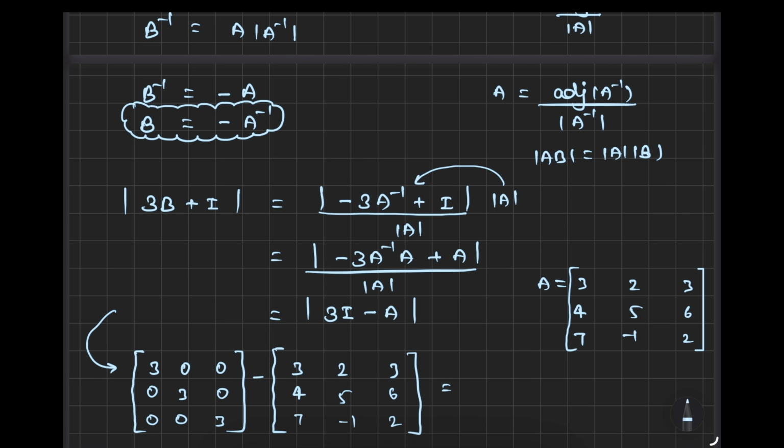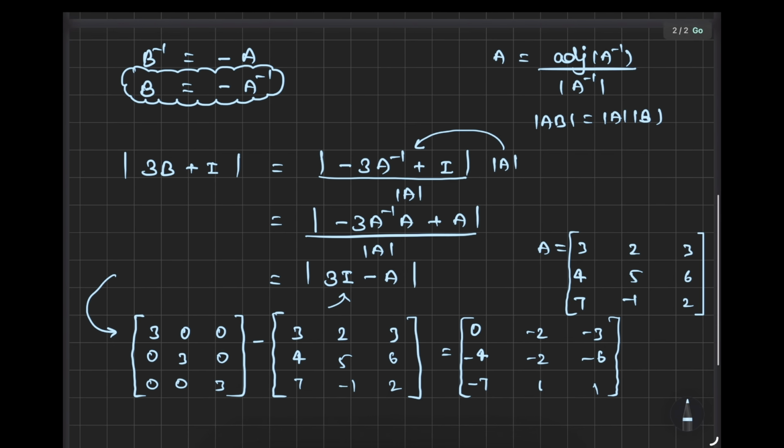Now we can write down this thing as 0, minus 4, minus 7, minus 2, again minus 2, then 1, then minus 3, minus 6 and 1. So this is your thing, to which you have to find out its determinant.